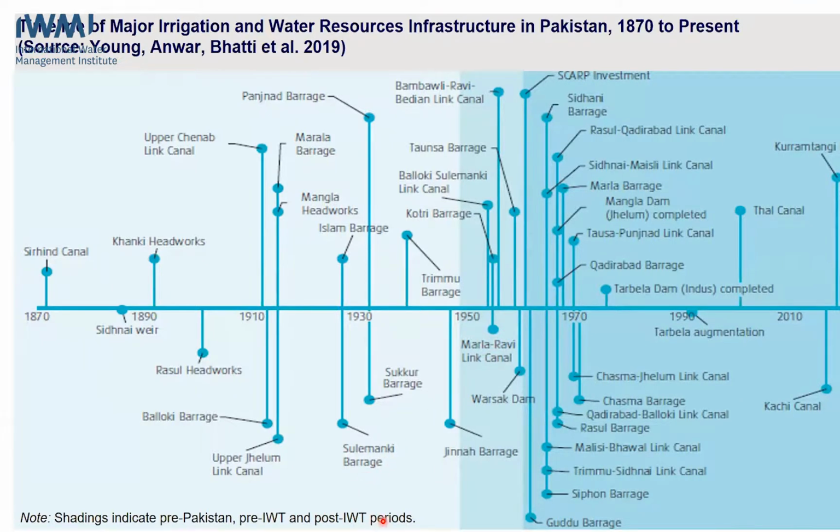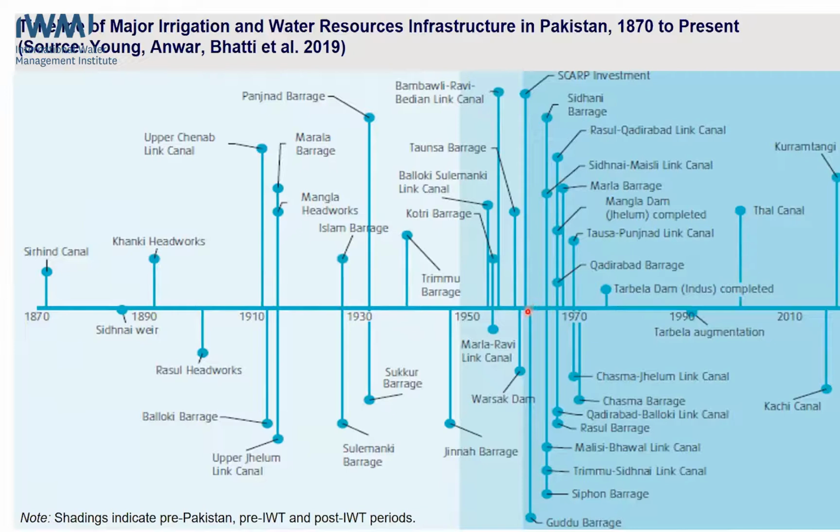And then there's the Indus Water Treaty, which you can see in the dark blue shade. So you can see that the investment in this whole system started before the partition of Pakistan. Some barrages and canal systems emerged before partition, and then Pakistan started investing in more canal systems to cope with the increasing needs of water for different sectors, particularly the agriculture sector.